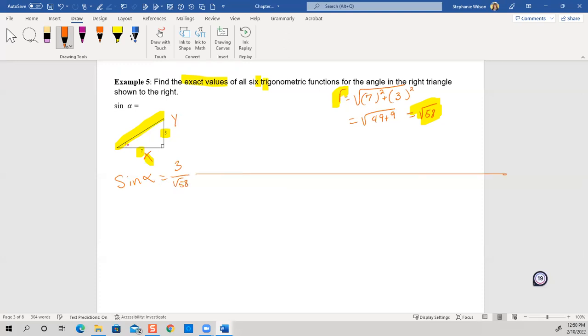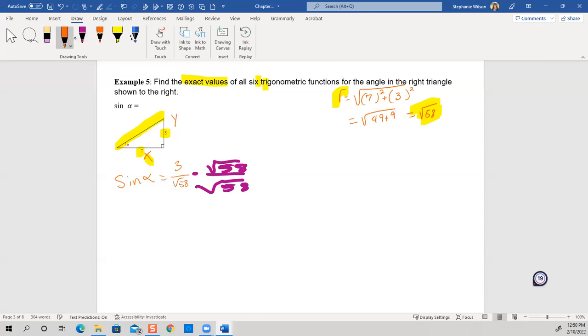And in math, we can't have the root in the denominator, so we're going to have to multiply by its conjugate. And in this case here, the conjugate is going to be square root of 58. Okay. So when I multiply the square root times the square root, that means I got that squared.